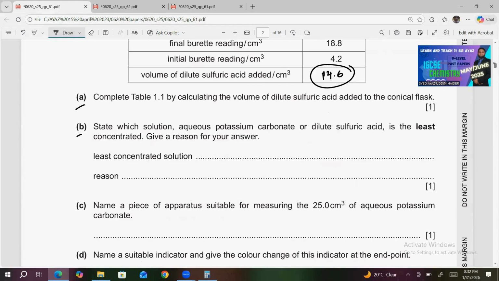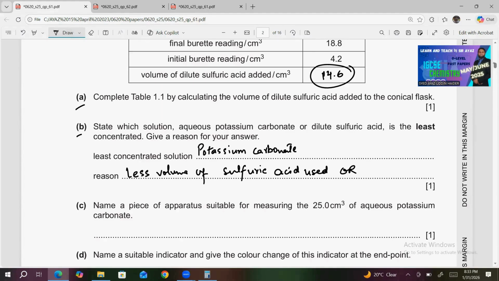So you can write potassium carbonate, and for the reason, you write less volume of H2SO4 used, less volume of sulfuric acid used, or what else you can write?